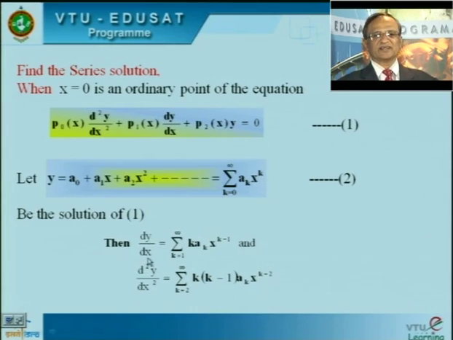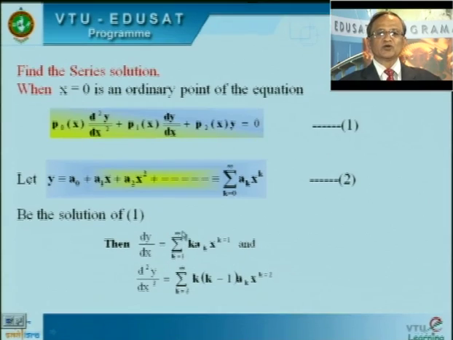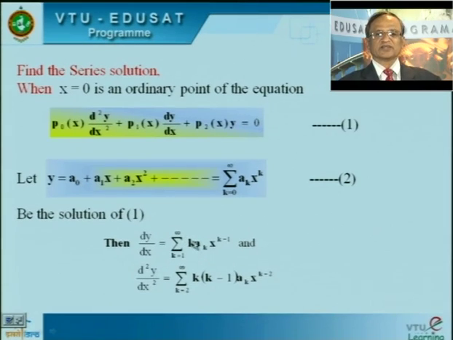So, what have I written here? dy by dx can be written as, you observe in this summation, k varies not from 0 but from 1 to infinity, summation of k into ak x to the power k minus 1. So, why have I written k is equal to 1? Because just now I have explained, here the first term is the constant.